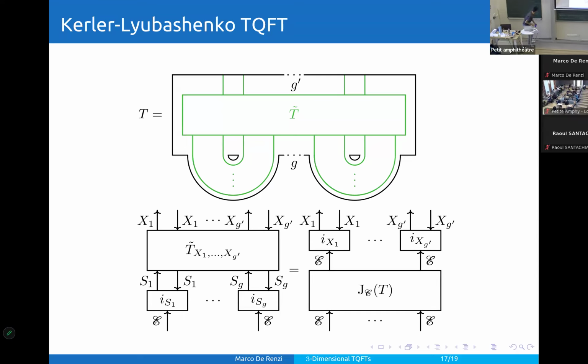So basically, a dinatural family of morphisms has target objects of the form X tensor X dual in this case.